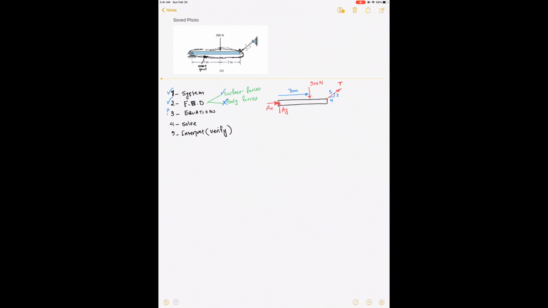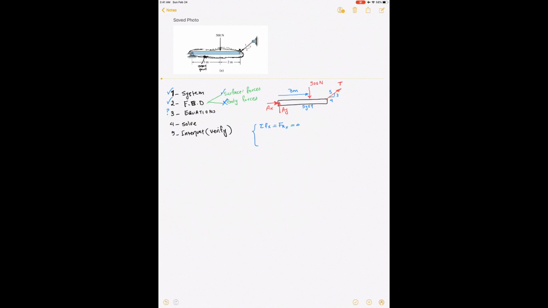So how many equations do I have here? In 2D, I only have one system. Let's call it system 1. Per system in 2-dimensional space, I have 3 equations. The summation of force in x, which is the resultant force in x, you already know how to compute this.